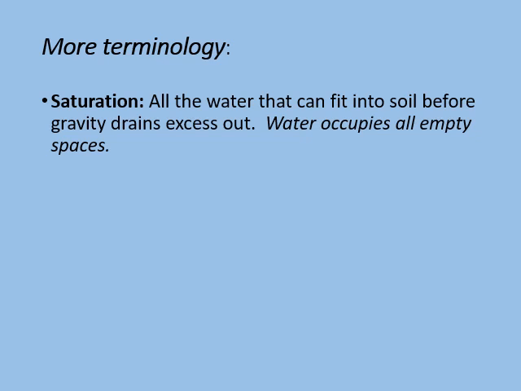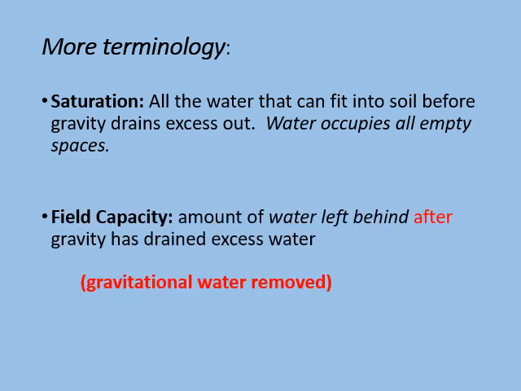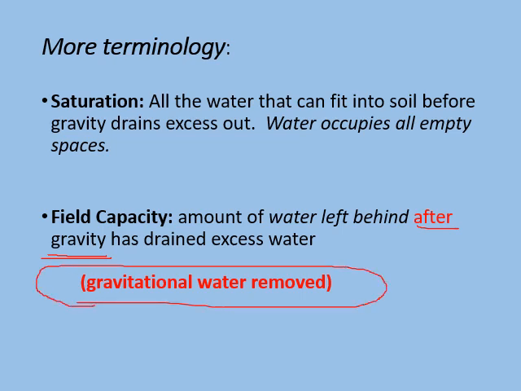Remember these for your quizzes and midterm. So water occupies all empty spaces in the soil. That's saturation. Field capacity is what's left after gravitational water, or gravity, has drained excess water from the soil. So what I say, gravitational water is removed. Okay?